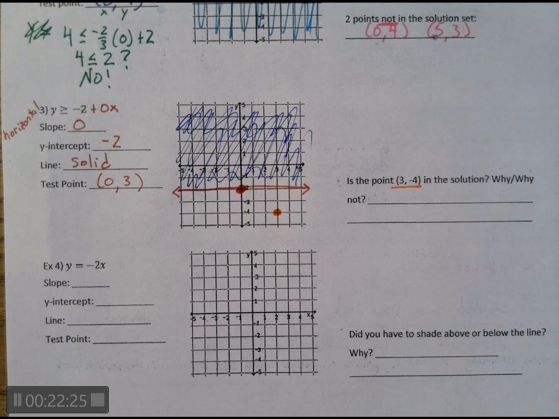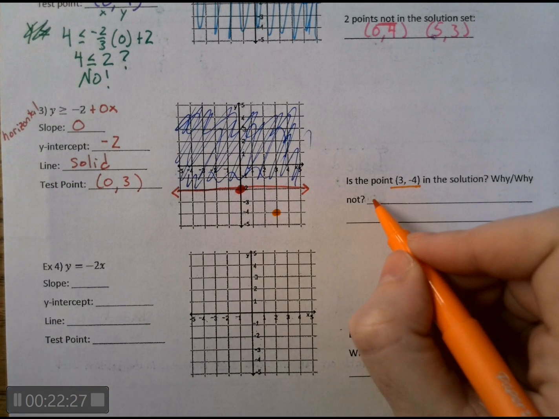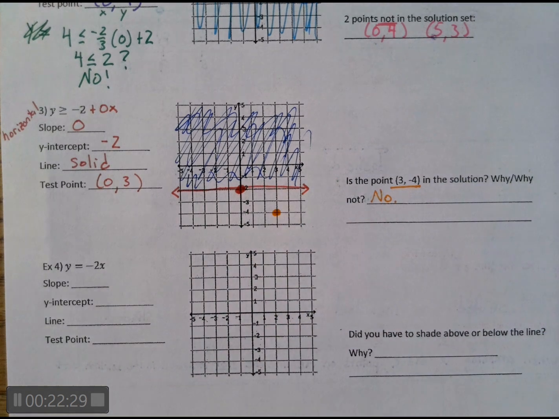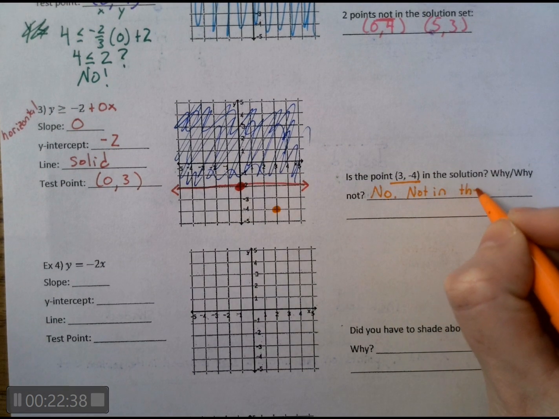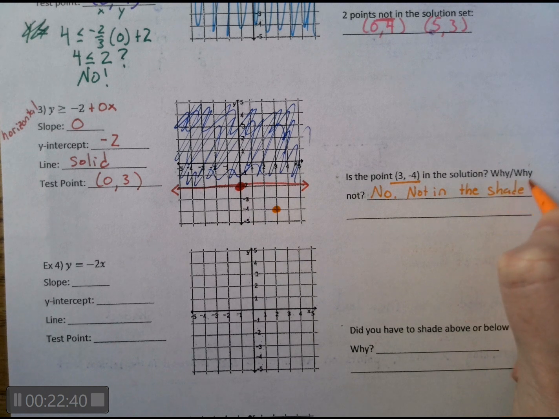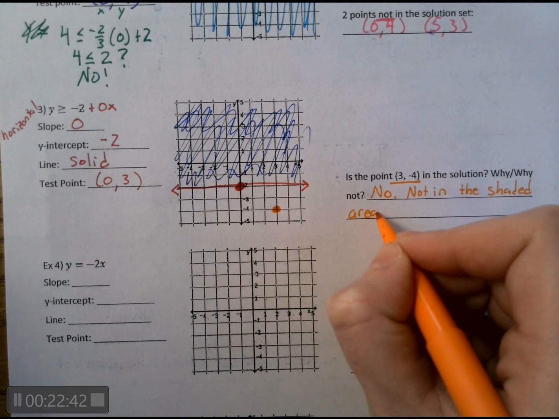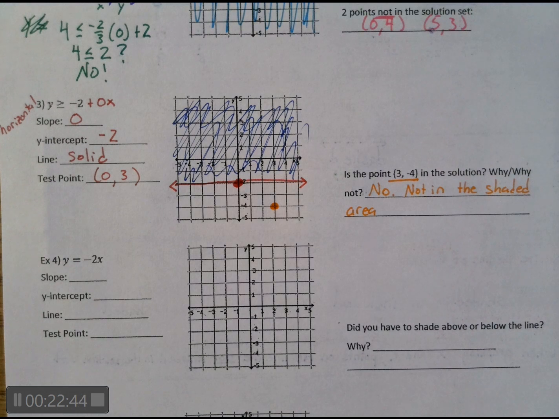So we would say no. Okay, but why? Why is this not in our solution set? Because it's not in the shaded area. That's simple. It's not in the shaded area. Okay? All right, next example.